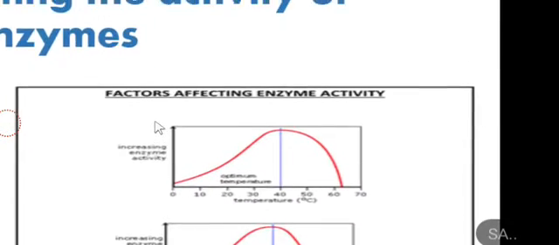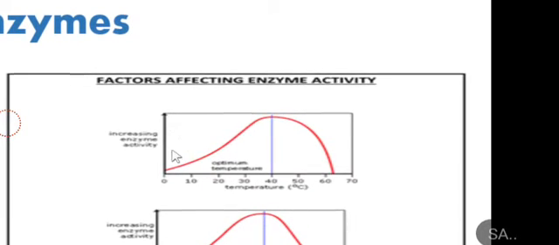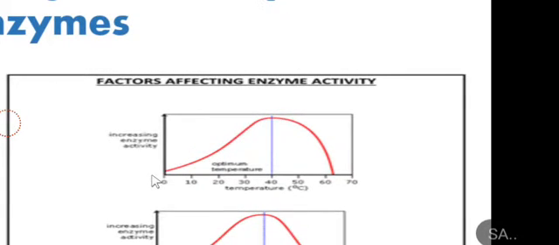Here I'll first discuss the effect of temperature on the enzyme. So the temperature is basically doing what? It is enhancing the kinetic energy so that the enzyme will readily bind with the substrate. So the rate of reaction will initially increase with the increasing temperature.